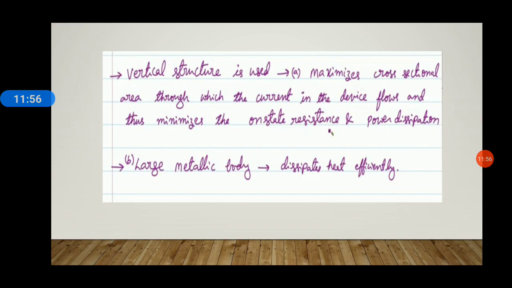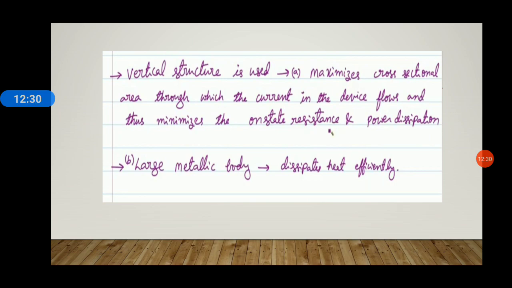Now, why is the vertical structure used? The reason for using the vertical structure is that it increases the cross-sectional area through which the device current flows. And this will reduce the on-state resistance, which will again reduce the on-state power dissipation that is taking place in the transistor.